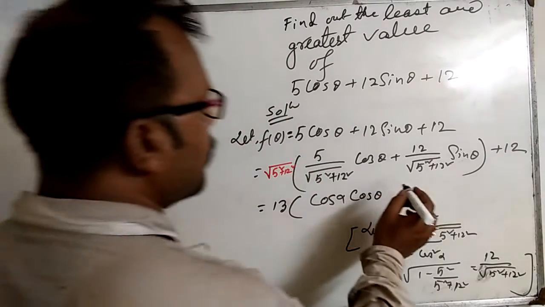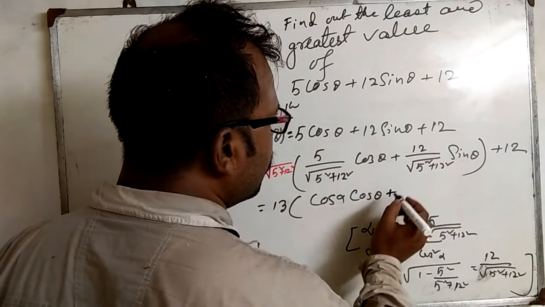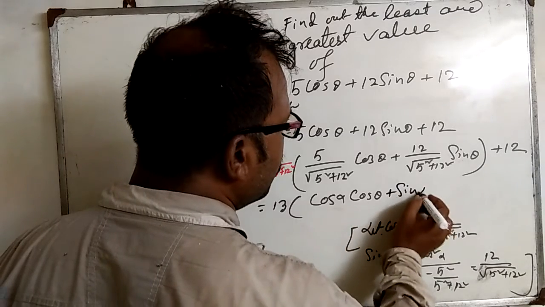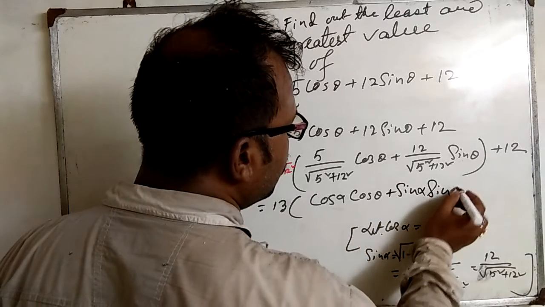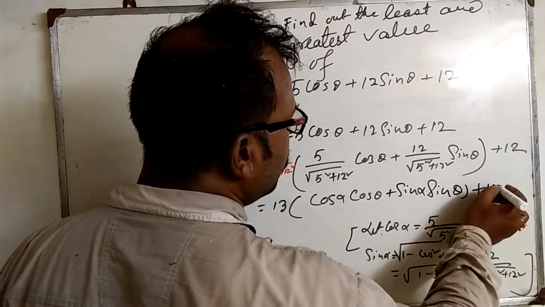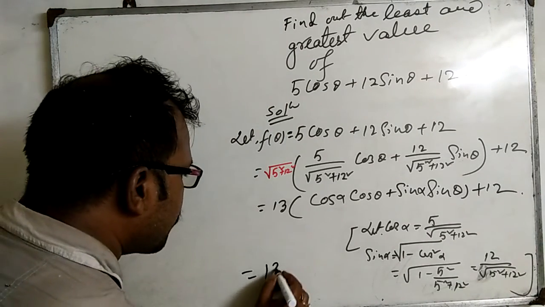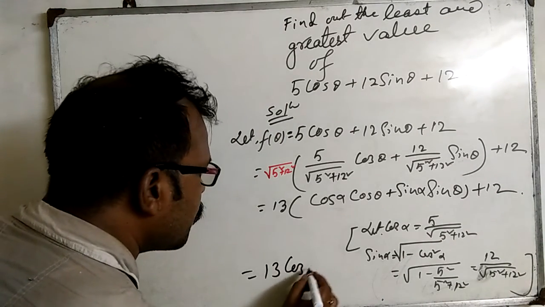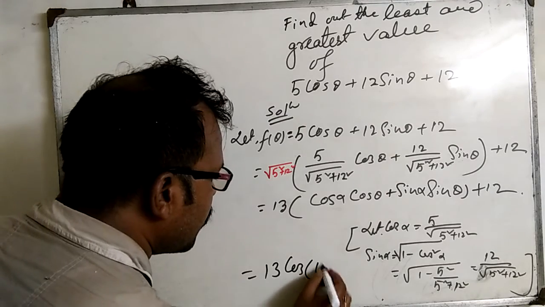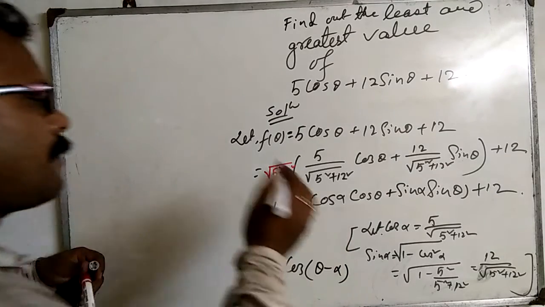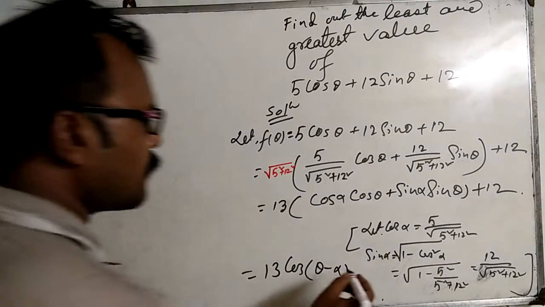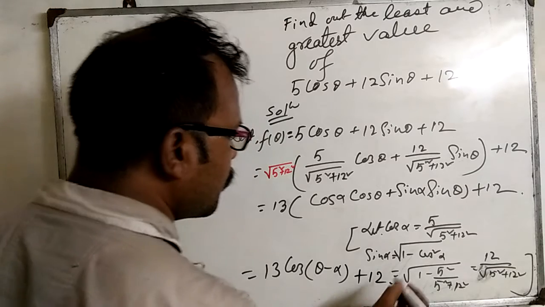So we can write sin alpha into sin theta plus 12. So we can write that 13 into cos of theta minus alpha, or alpha minus theta, you can write, plus 12.